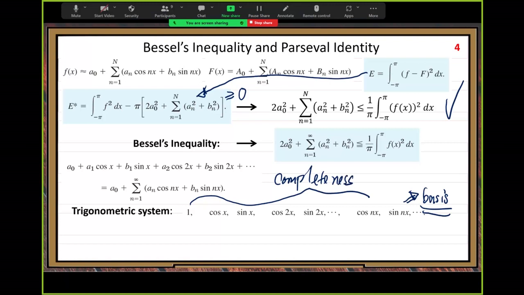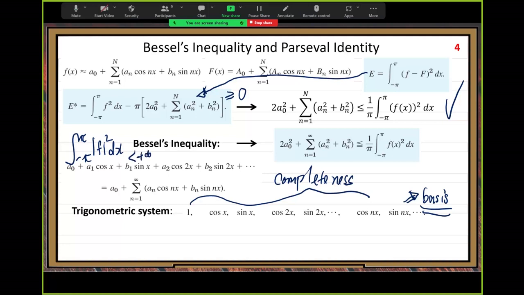These functions, not missing anyone, represent all the trigonometric series in a certain function space, which is actually called the square integrable functions, those whose integral of the square is less than infinity.